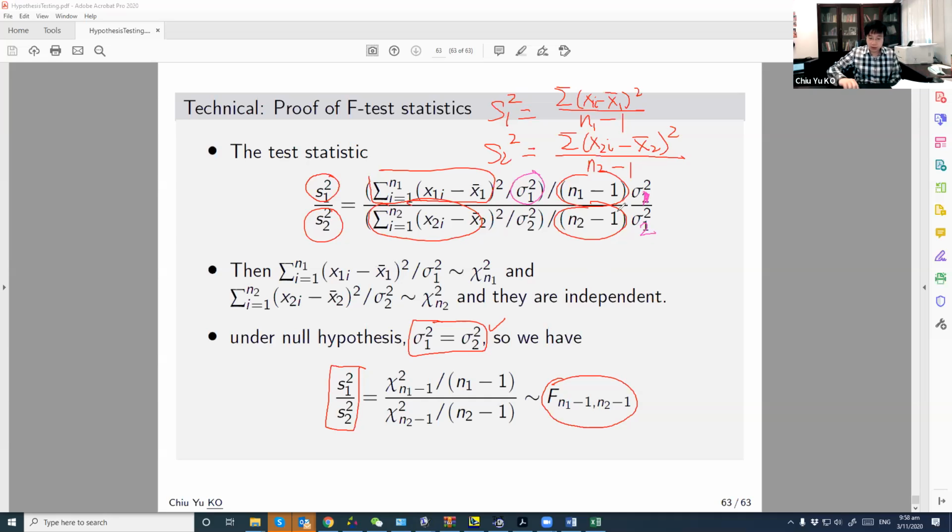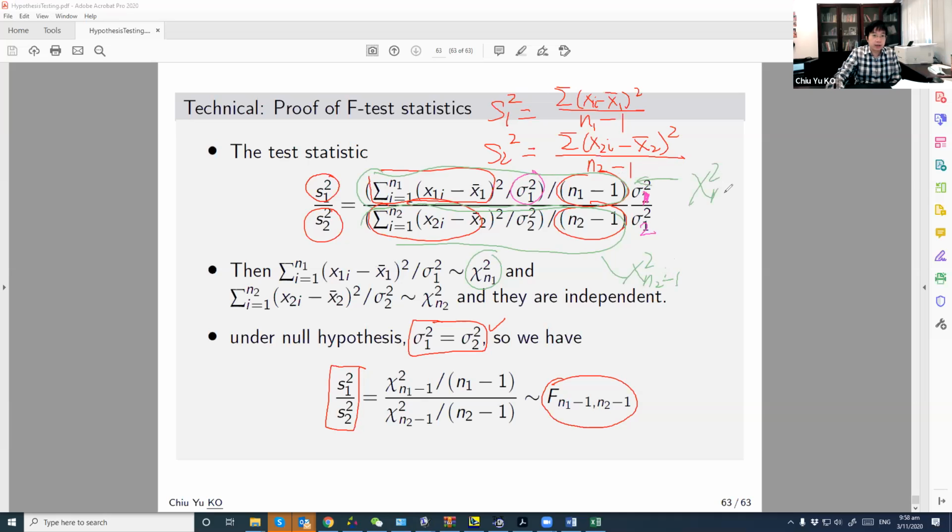And do note that this first element is a chi-square distribution with N1 minus 1. This is also chi-square, with N2 minus 1.